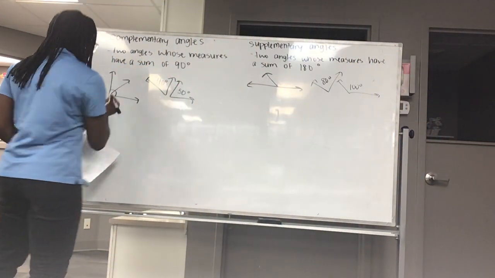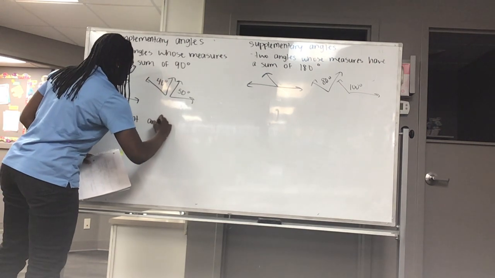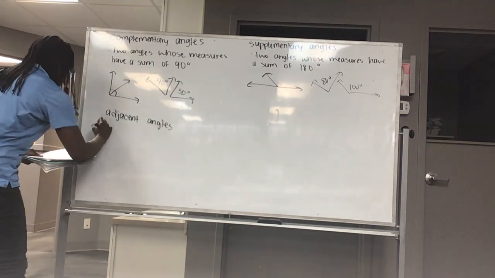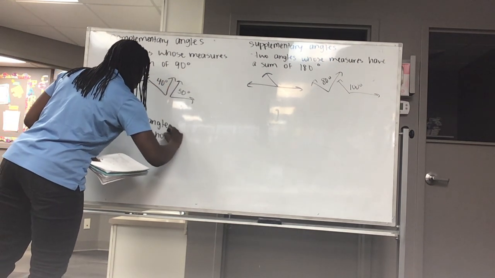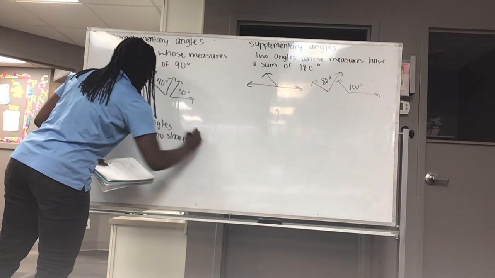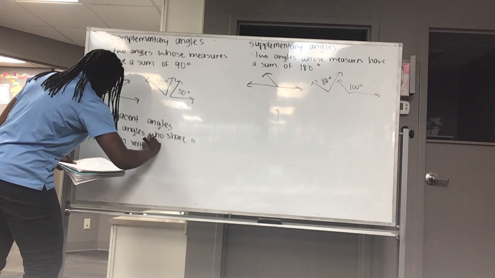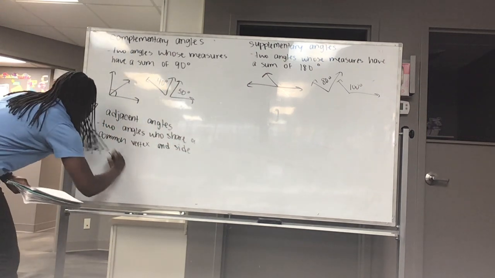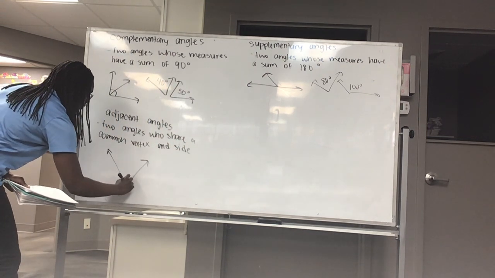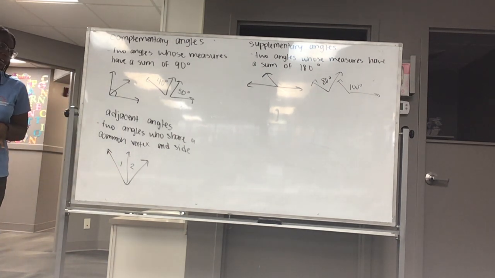And then along with that, we have adjacent angles. And those are, okay, my adjacent angles are two angles that share a common vertex and side.